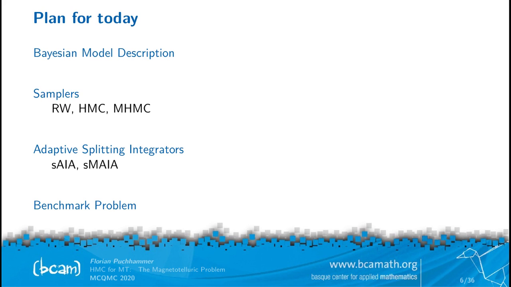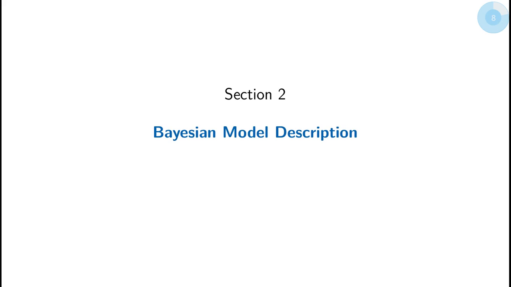We quickly discuss the different samplers we're going to use, and then I show you something that is very sampler specific in terms of Hamiltonian Monte Carlo and MHMC, namely choosing integrators, and I'll present two adaptive methods, the SAIA and the SAIA, which were also developed in the course of this project. And then we'll test our things on a benchmark problem.